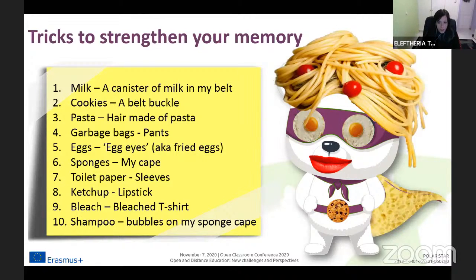And this is the trick. You use your memory palace, so your body parts, and you attach the memories you want, the things you want to remember. You place them in the different placeholders in your memory palace, and you do it in a way that is meaningful to you, using action and emotion.